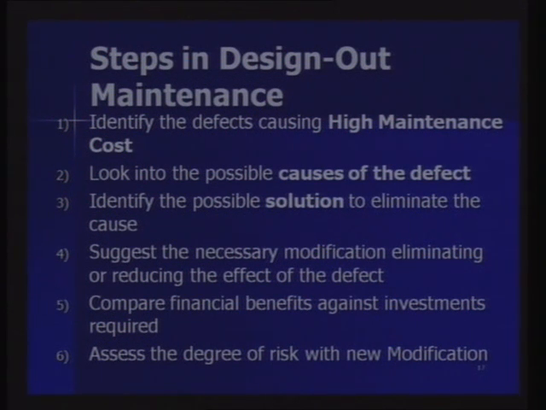Identify the possible solution to eliminate the cause. Suggest the necessary modification, eliminating or reducing the effect of the defect. Compare financial benefits against investment required. Assess the degree of risk with the new modification.